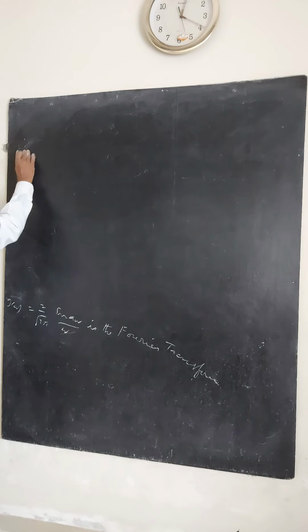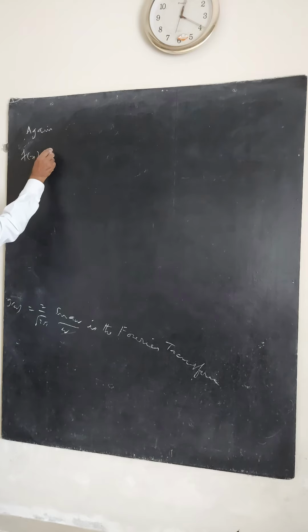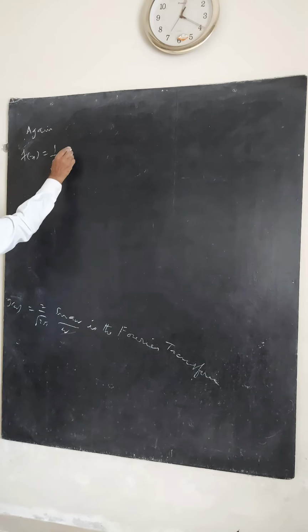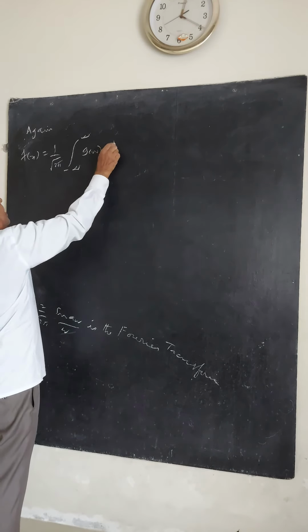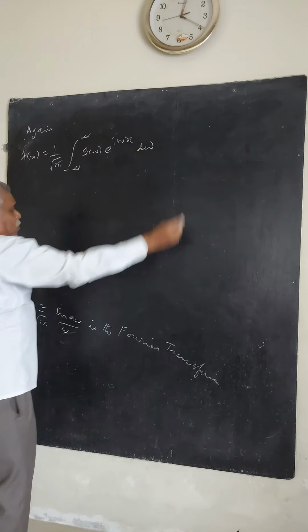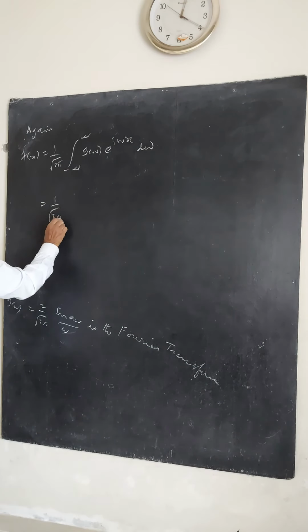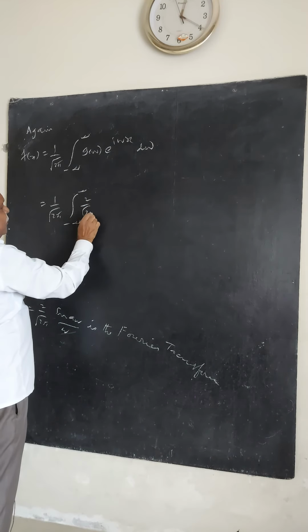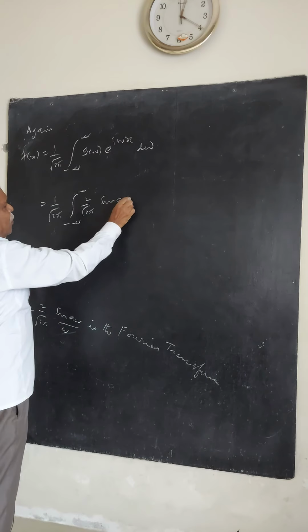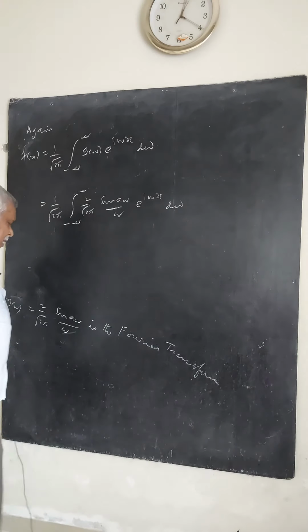f of x equal to 1 by root of 2 pi, integral from minus to plus infinity of g omega e power i omega x d omega. This is g omega, the Fourier transform. We put g omega in this: 1 by root of 2 pi, minus to plus infinity, 2 by root of 2 pi, sin a omega by omega, e power i omega x d omega.